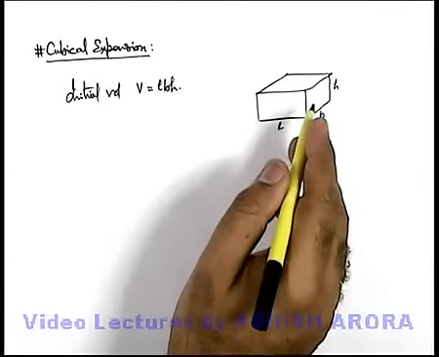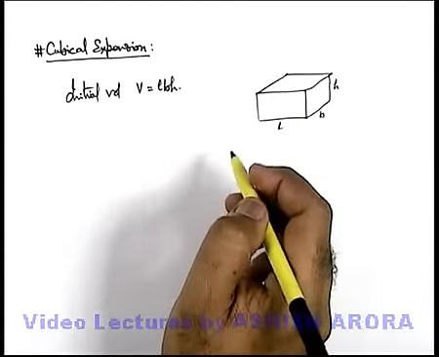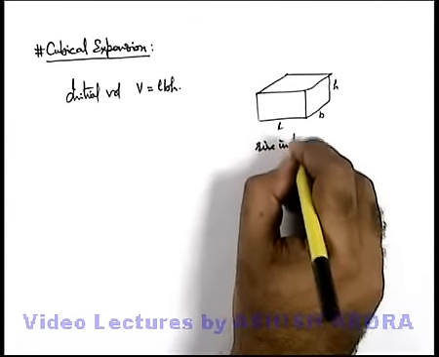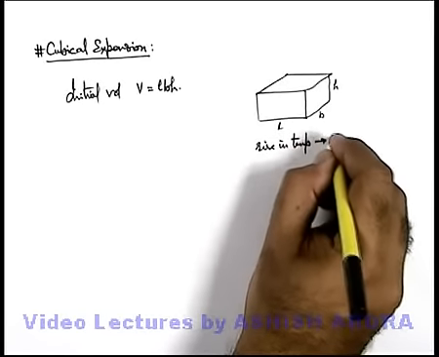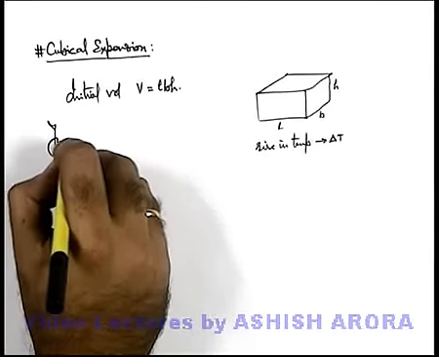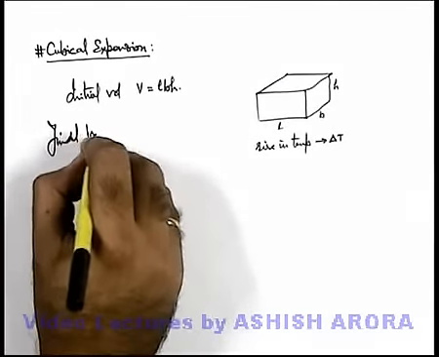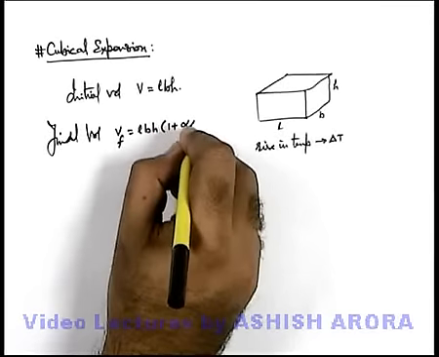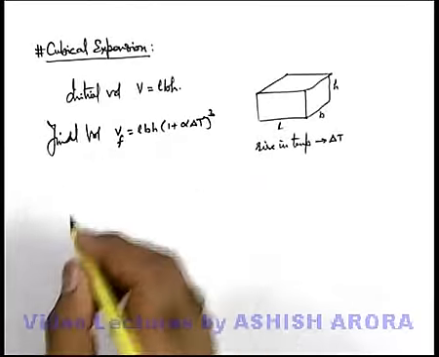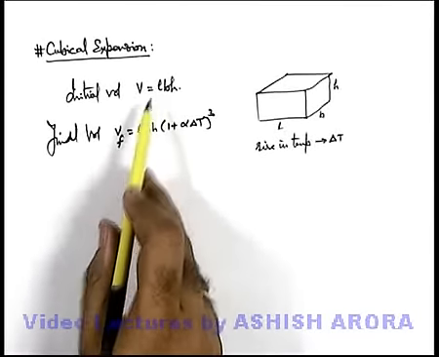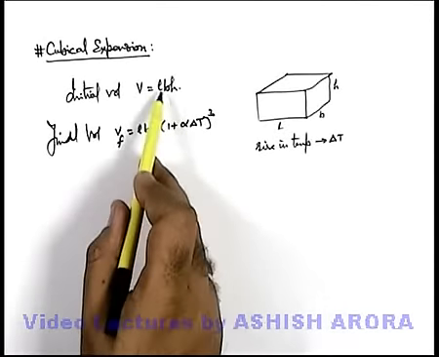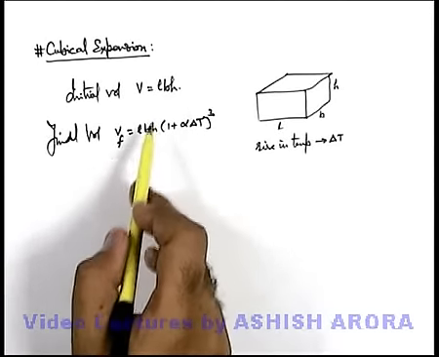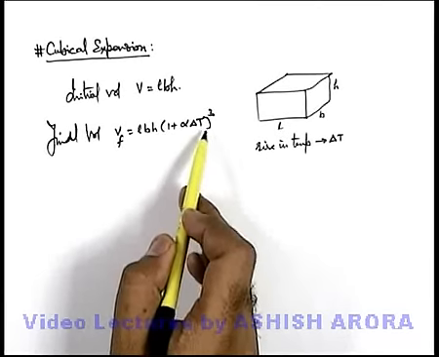And if alpha is its coefficient of expansion, on increasing temperature, rise in temperature by delta T, the final volume can directly be written as LBH into (1 plus alpha delta T) whole power 3. Because length will change from L to L(1 plus alpha delta T), breadth will change from B to B(1 plus alpha delta T), and H will change from H to H into (1 plus alpha delta T).